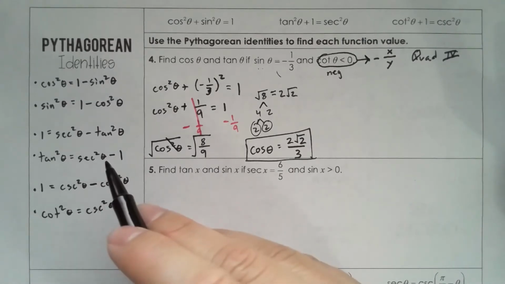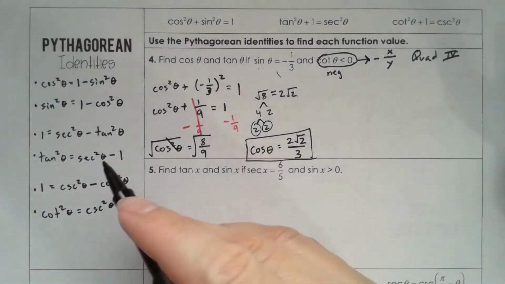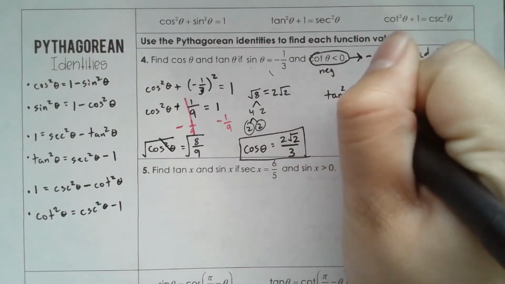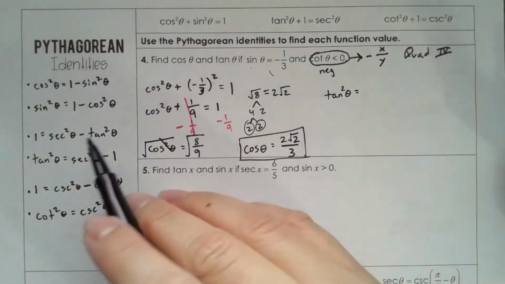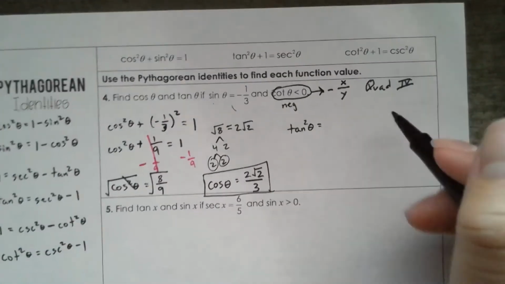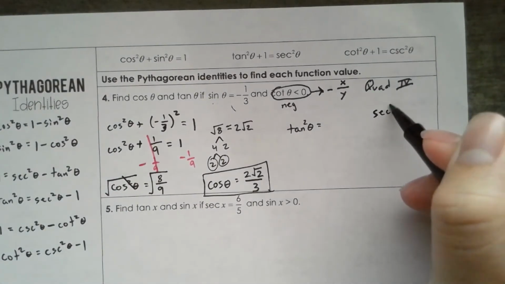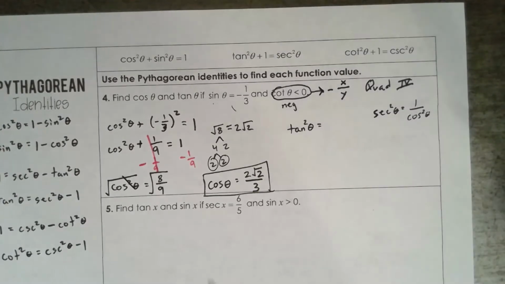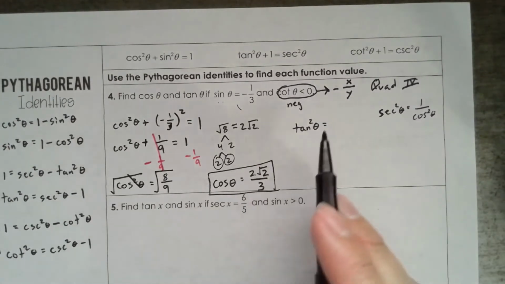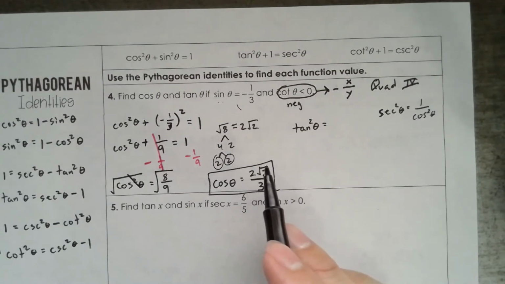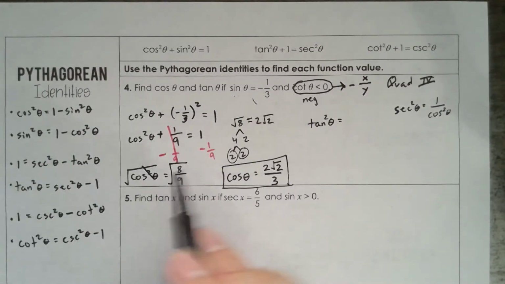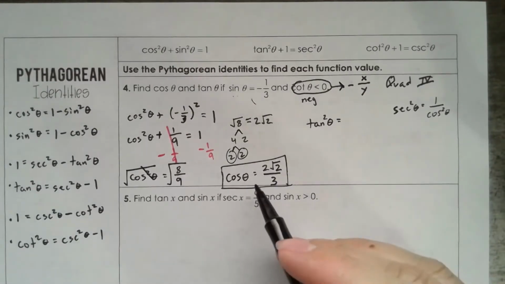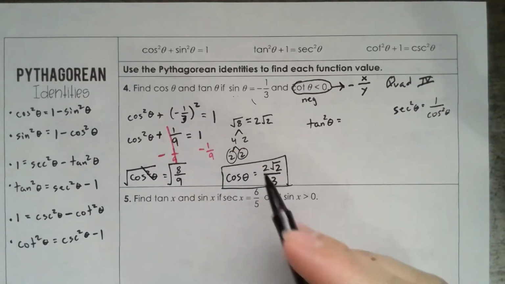So tangent squared theta is equal to secant squared theta minus 1. Secant squared theta is 1 over cosine squared theta. I can take the reciprocal of this and plug it in, or I can take the reciprocal of this and just plug that straight in. Doesn't matter, you'll get the same thing. For the sake of consistency, because I squared this value, I'm going to take this one and plug it in here.